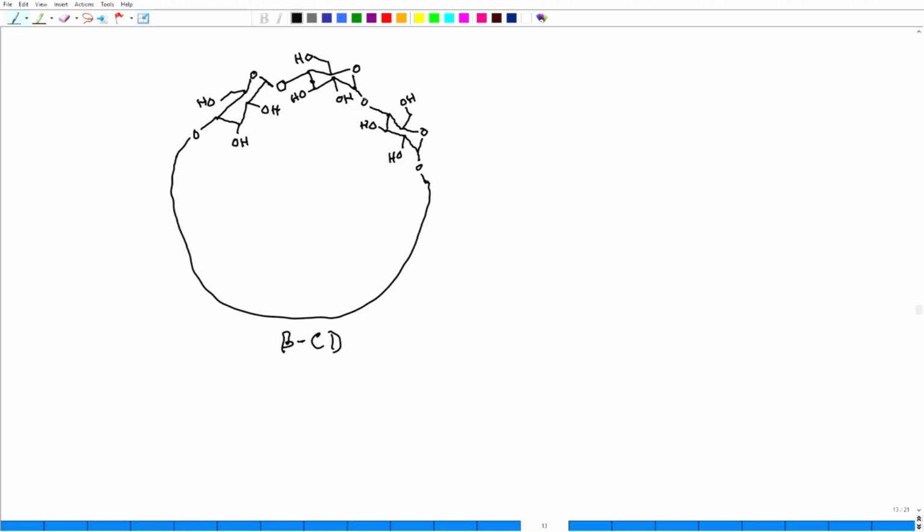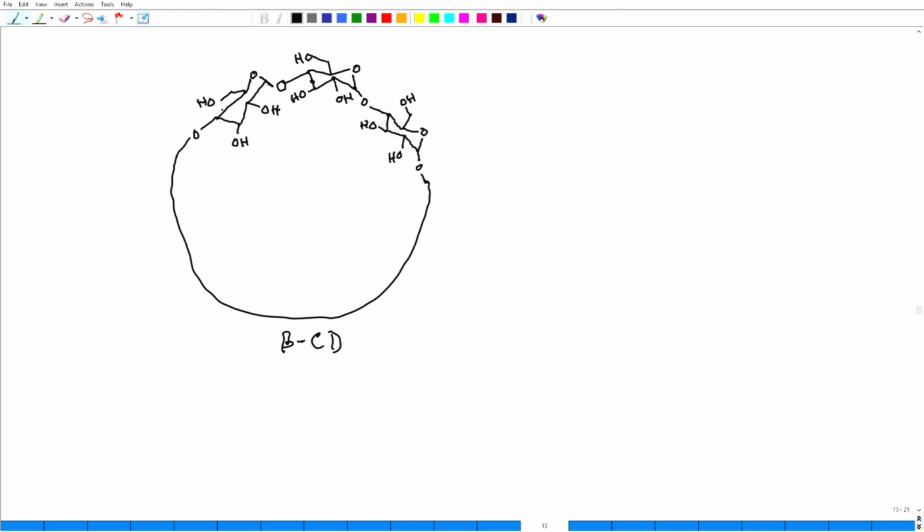So, this is a cyclodextrin, and what is a 1,4 linkage? This is 1, this is 1, so it is linked through 1, 2, 3, 4. So, 1,4 linked throughout.